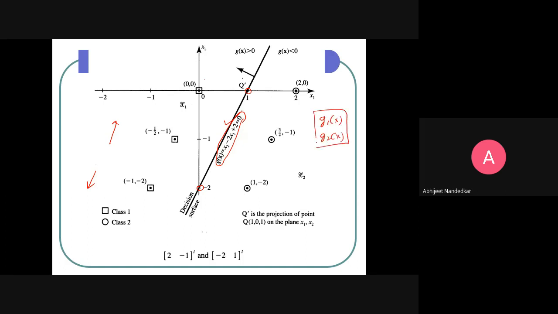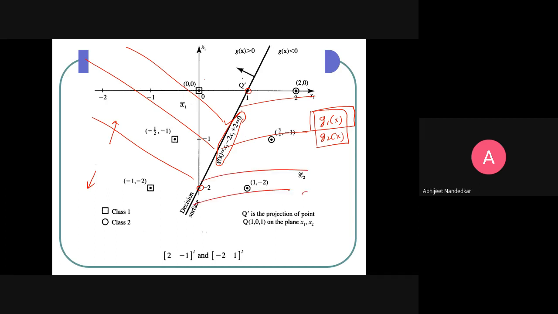Okay, if I do this, then there will be a function responsible for class 1, that means this region, and there will be a function responsible for class 2, so this region. So I want two functions. G2(x) will be responsible for this particular zone and G1(x) will be responsible for this particular zone. Okay.